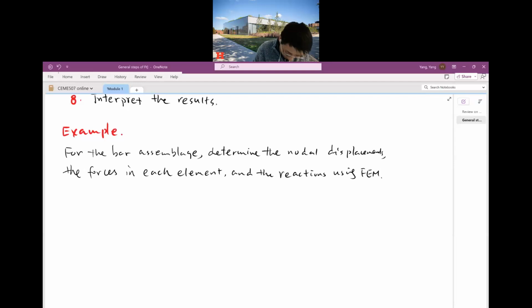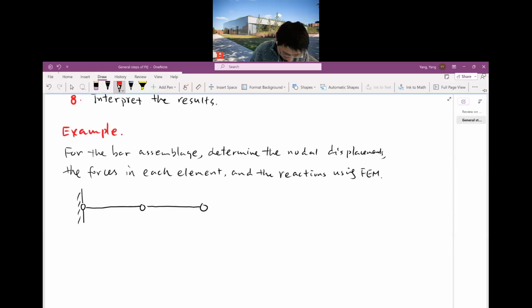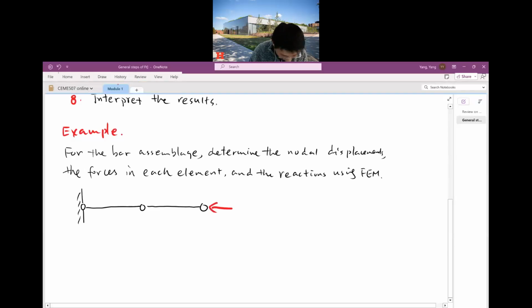I believe all of you can solve this problem using the method you learned from mechanics of materials.